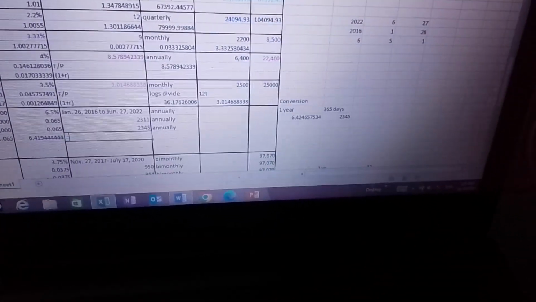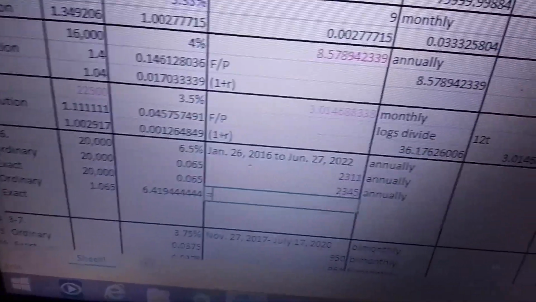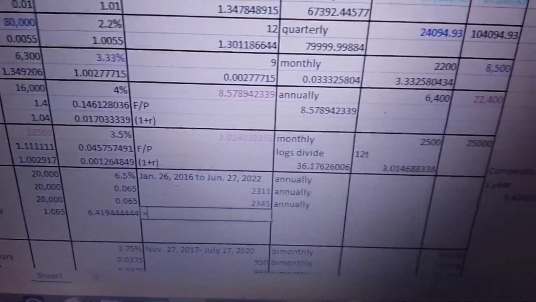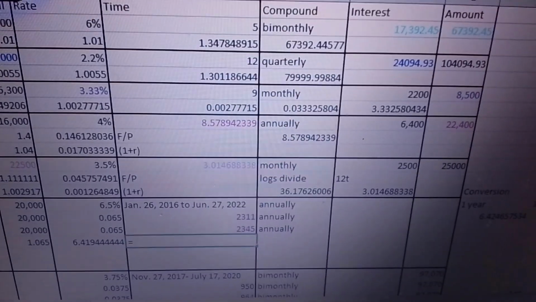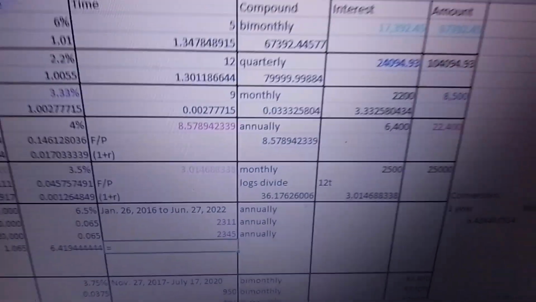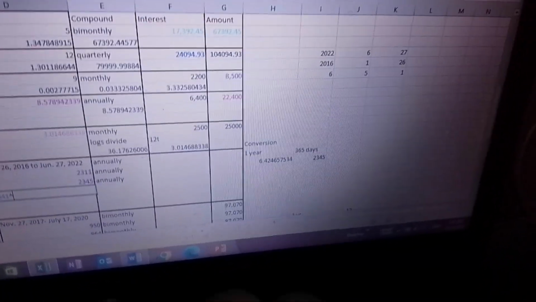And then remember, this one is your exponent. That is your time. So, yun na yung oras mo. 2,311 divided by 360. And then we raise it to that power. 1.065 raised to the time that's being divided.